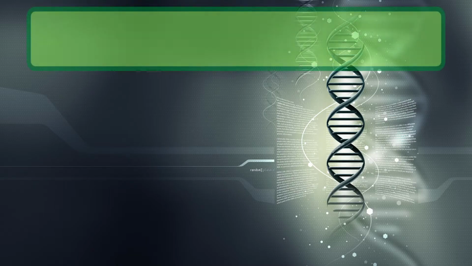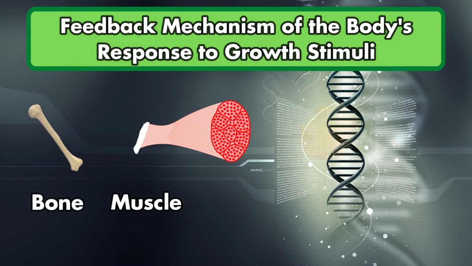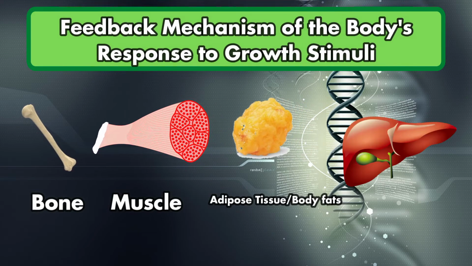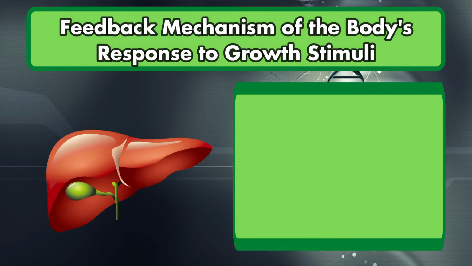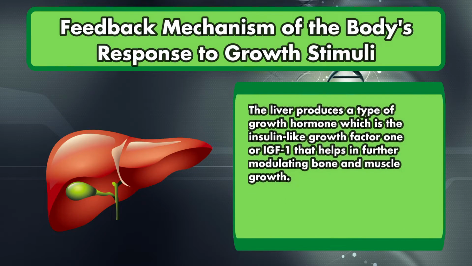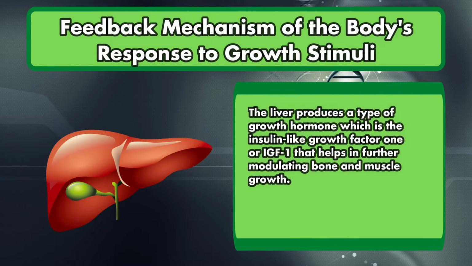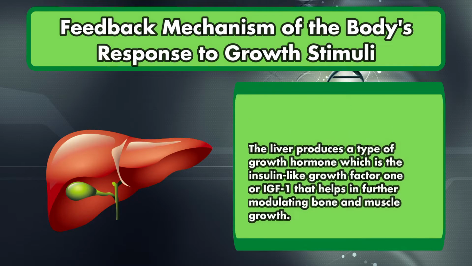To sum up the feedback mechanisms about the body's response to growth stimuli, several tissues and organs are acted upon by the growth hormone. These tissues and organs include the bones, muscles, adipose tissue, and also the liver, which is essential since it produces a type of growth hormone which is the insulin-like growth factor 1 or IGF-1 that helps in further modulating bone and muscle growth.